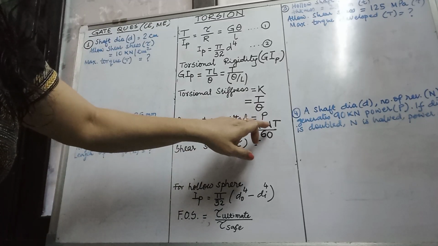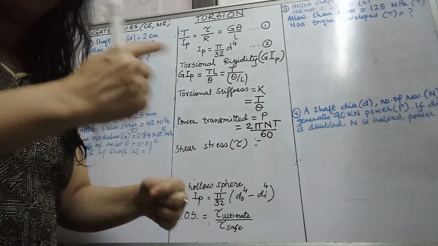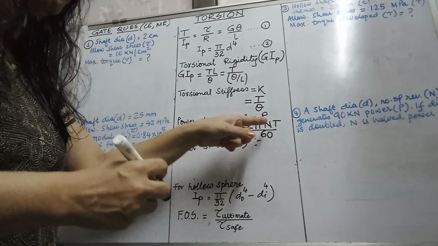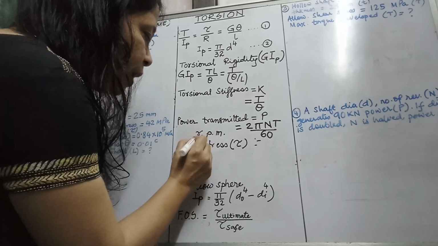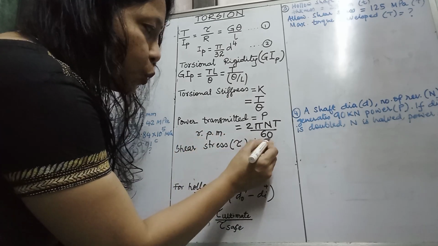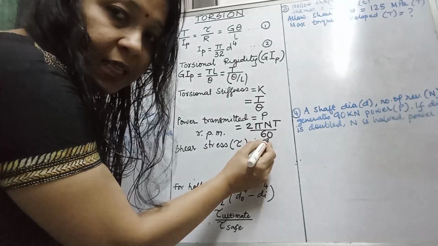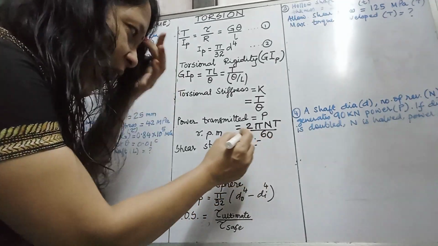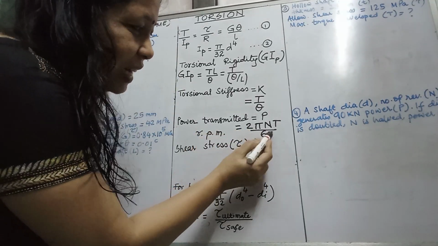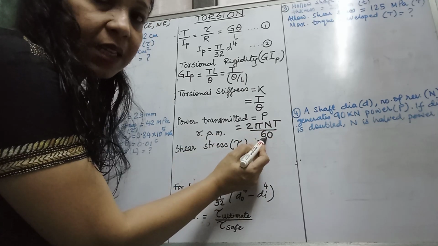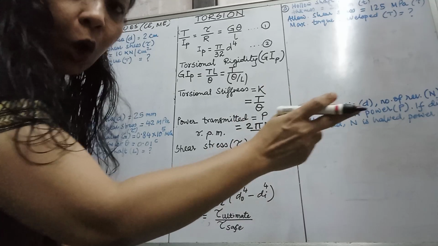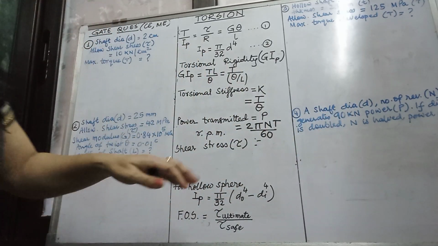N is the number of revolutions per minute, in RPM. That's why we are dividing by 60. If it is given in RPS, revolutions per second, then this component will not come. N is in RPM, hence it is divided by 60. T is the torque applied, as I told you earlier.